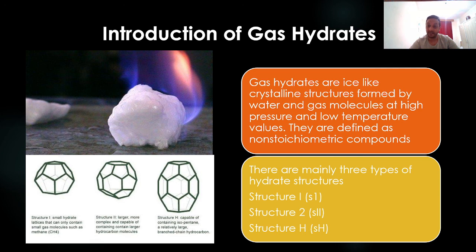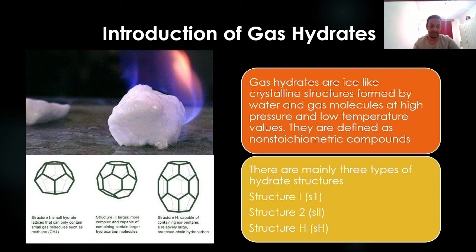Actually, there are three types of gas hydrate structures. The first one is structure 1, S1, which is the most common in the world. And then structure 2 is also as common as structure 1, and structure 3, which is S3, is not as common as type 1 and type 2.